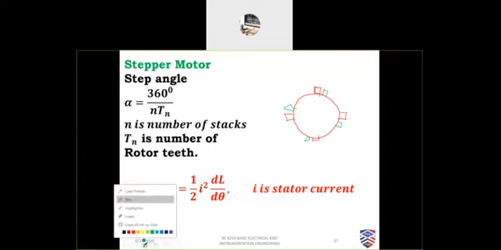Again, take one more and place it here. Likewise, you can put as many as possible. You can have a single core, but it will have multiple rotor stackings.